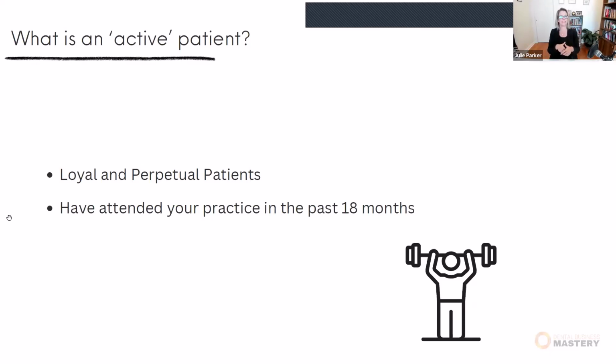Obviously, you're going to have transients in there. It's going to be very difficult and time consuming to try to get an exact figure. So let's go general. Let's say, okay, we're happy with 18 months. We're happy with whatever figure turns up in that 18-month search, and we'll just call them active. That's okay. At least we know what's going on for our practice, so it's nice and relevant.